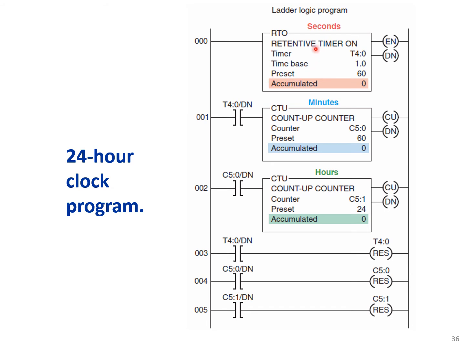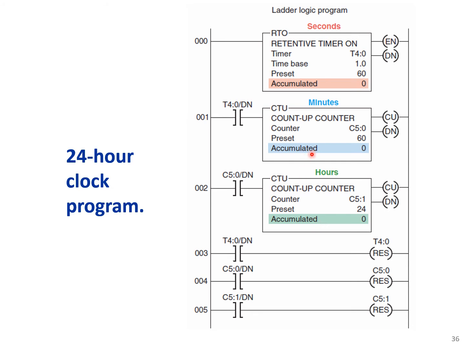So every time this timer, which we are using for seconds, reaches 60, which is the preset value of 60 seconds, the minute will increment once, and once we reach 60 in the minute, the hour will increment up.